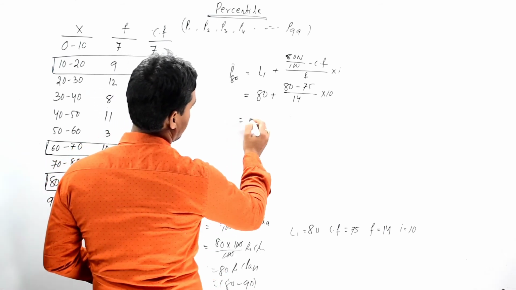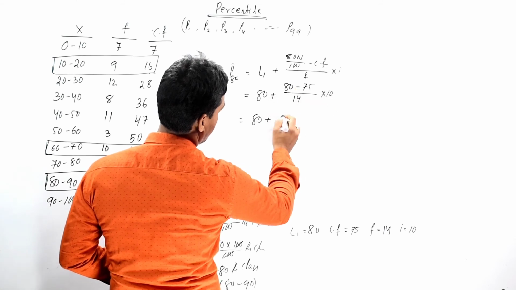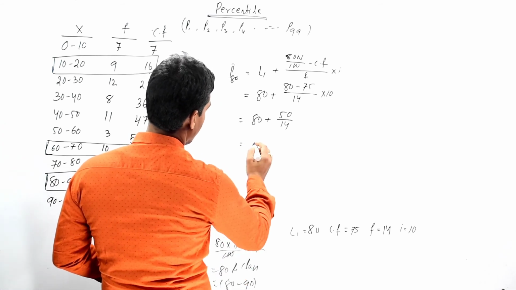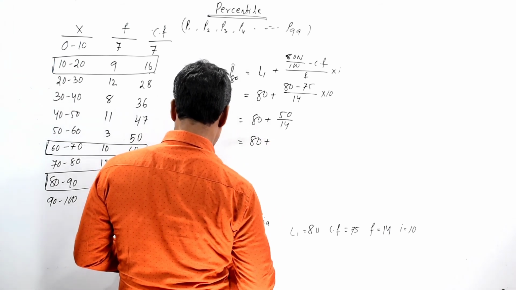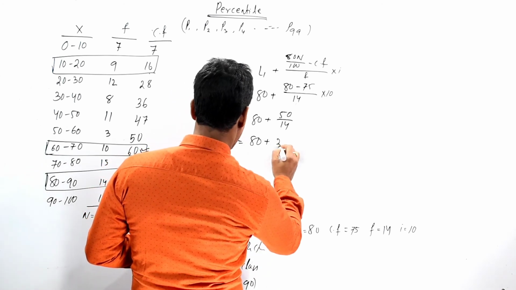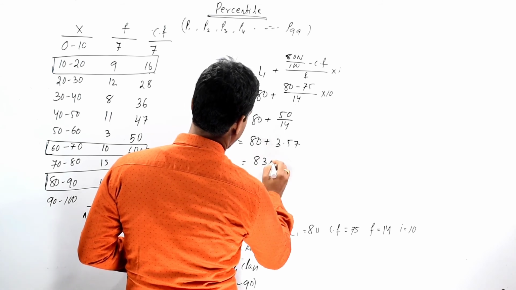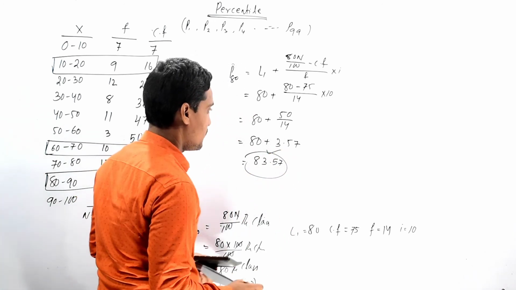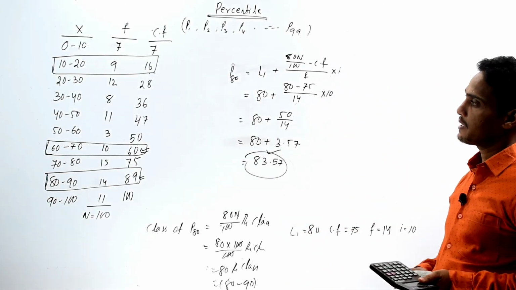Simplifying, 80 plus 80 minus 75, that is 5 into 10, 50 divided by 14. So P80 equals 80 plus 50 by 14, which is 3.57. So the value of P80 equals 83.57. Similarly, we can compute other percentiles.